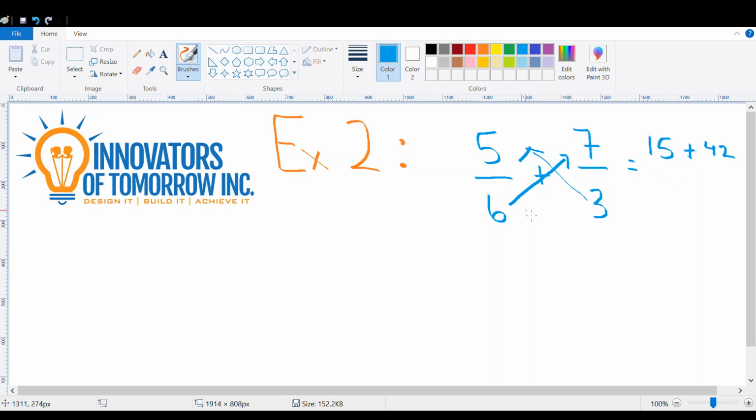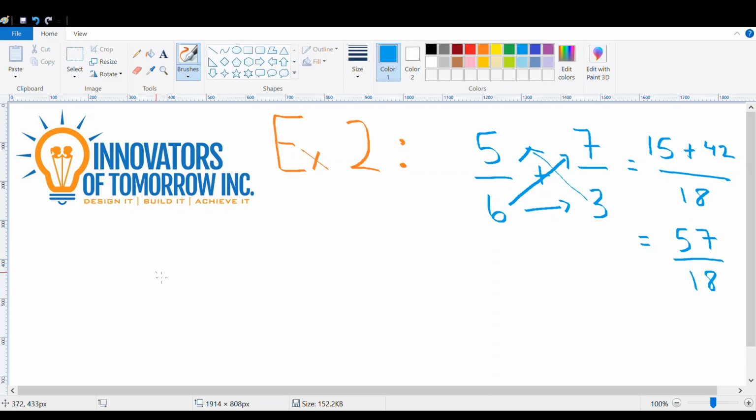Then we multiply the denominators together, which equals 18, and put that as the denominator. Voila! Add the numerators, 15 plus 42, giving us 57, and we have our answer, 57 over 18.